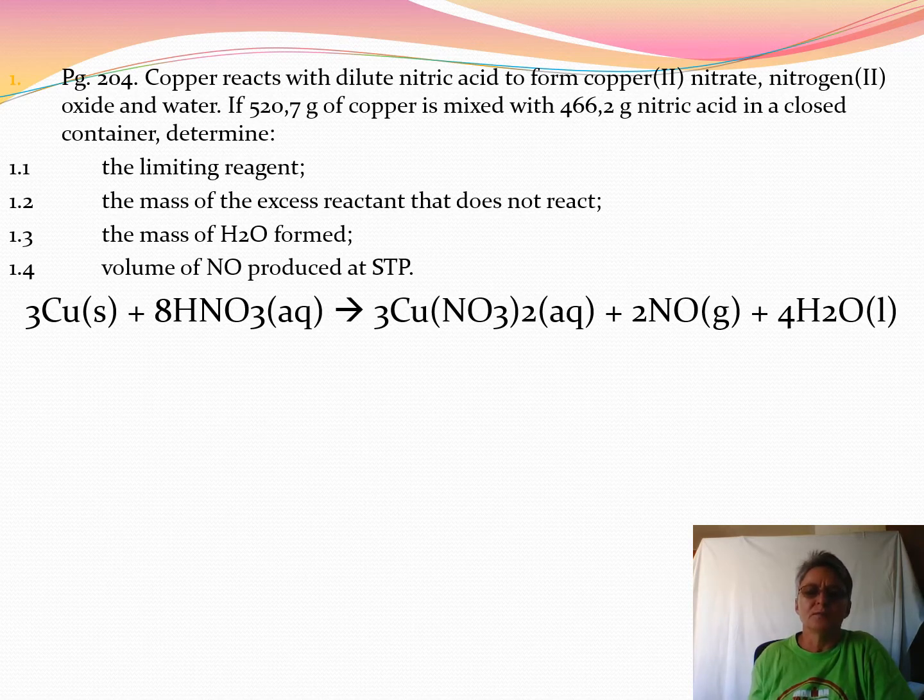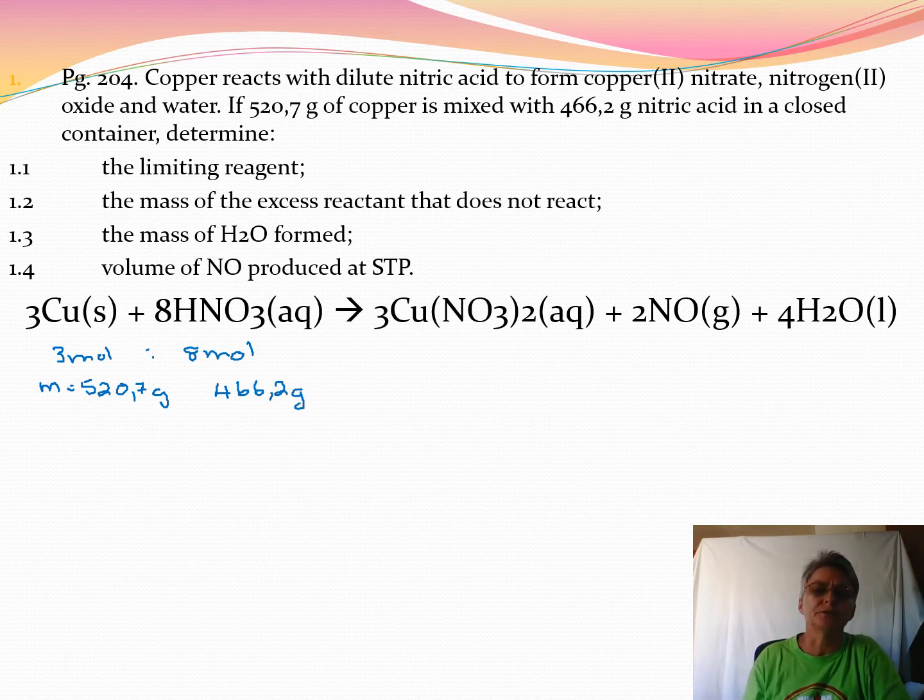So we need the balanced chemical equation that was given. We know that 3 moles of copper requires 8 moles of nitric acid. Now they've given us a mass of 520.7 grams of copper, and we started off with 466.2 grams of nitric acid.